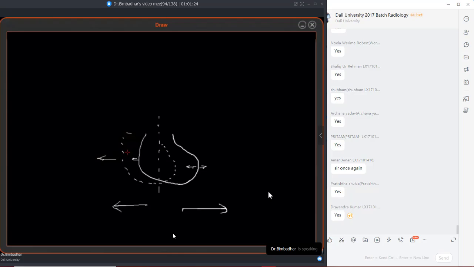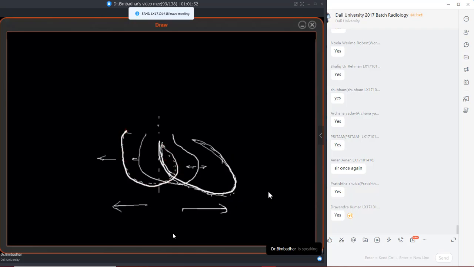So this is how the heart should look. The left heart border will move close to the midline. If the heart is being pulled to the right side, the right heart border will be pulled away from the midline. So this is how it looks here, right? So this will become the right heart border, and this became the left heart border now. Generally, the heart should be present as normal here.